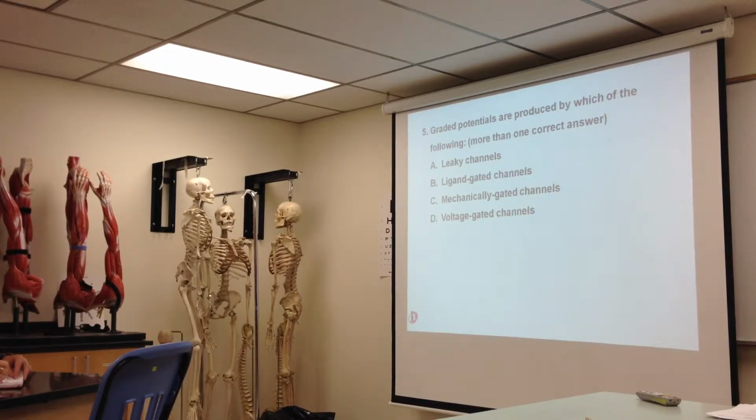Think of a leaky channel like a sand hourglass timer, and the channel's open all the time, sand is constantly falling through that opening, and finally it reaches a level high enough to open a voltage-gated channel, okay? So the amount is going to be variable.